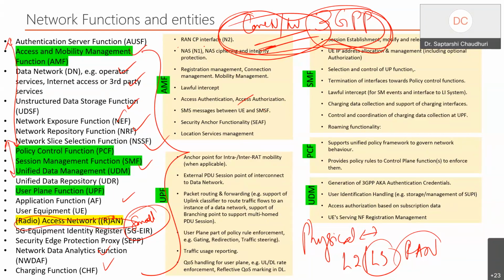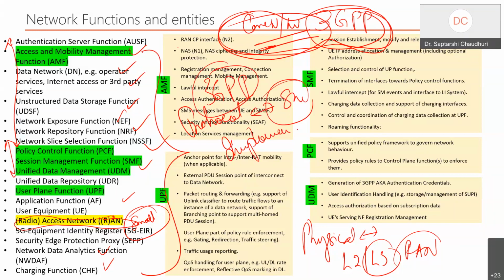Those vendors need people like you to understand the protocol, understand the 3GPP standard, and be thorough enough in software engineering. Then we have to implement these products in a virtualized manner or non-virtualized manner, whatever.